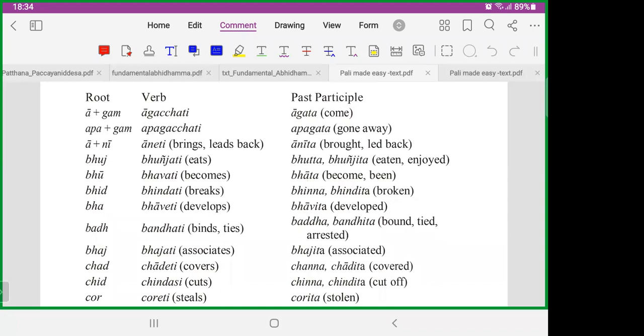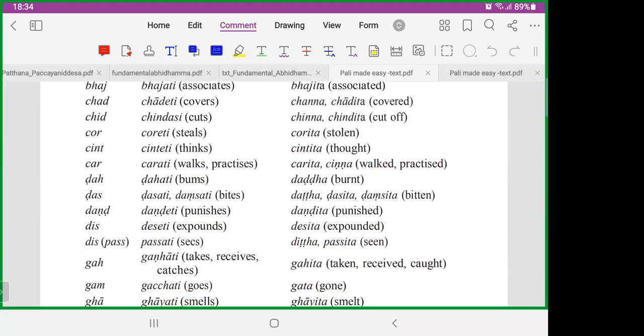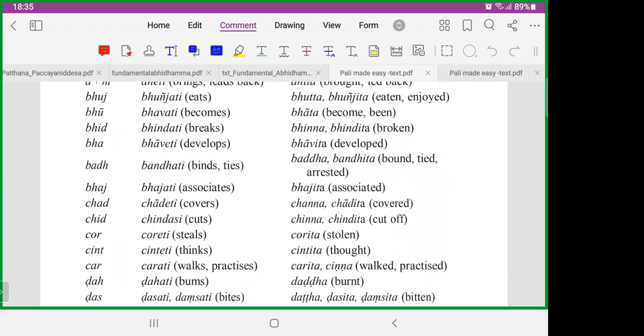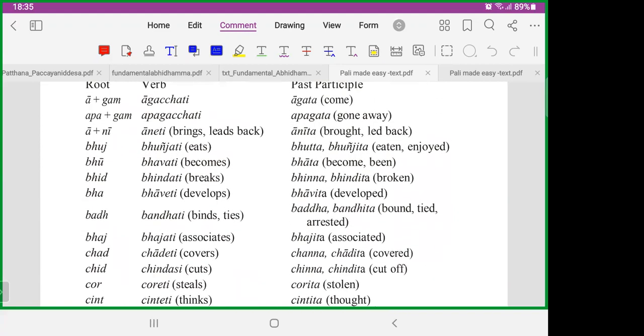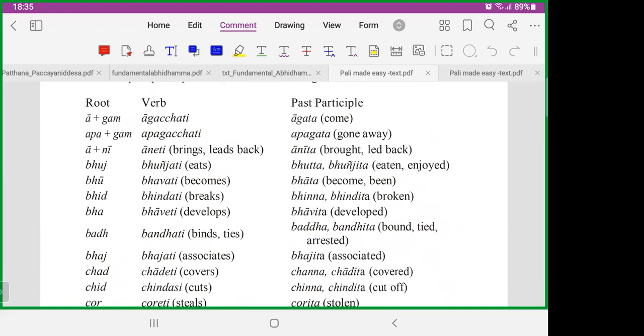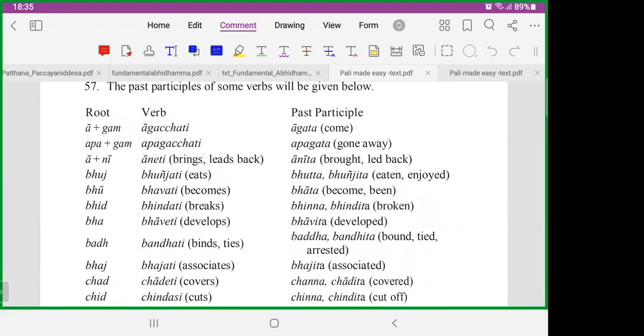So basically, I calculated today, I think there are about 58 verbs, which is very helpful. This is actually from lesson 1 to lesson 14. So this chapter is, I would say, the crucial or most essential part.